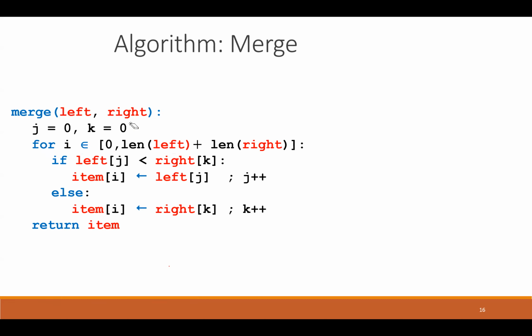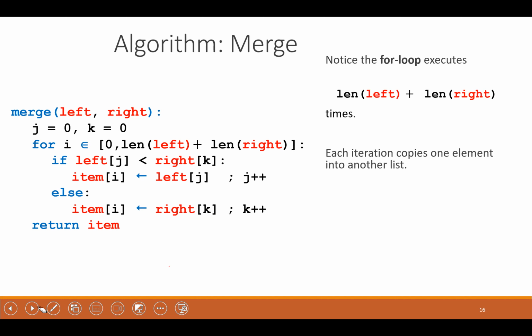And in every step of that iteration, I'm going to copy either an element from the left or an element from the right. So I will have the size of left plus the size of right. If we say N1 is the size of the left-hand list and N2 is the size of the right-hand list, that's how many copies we're going to make in our merge step.